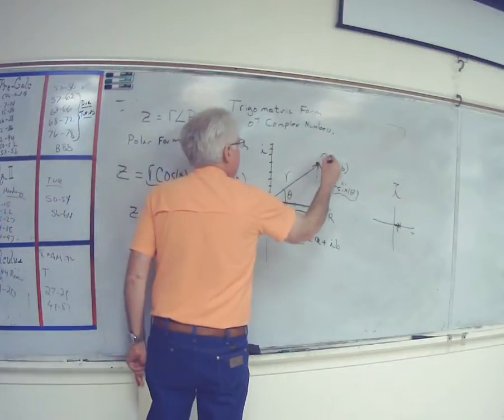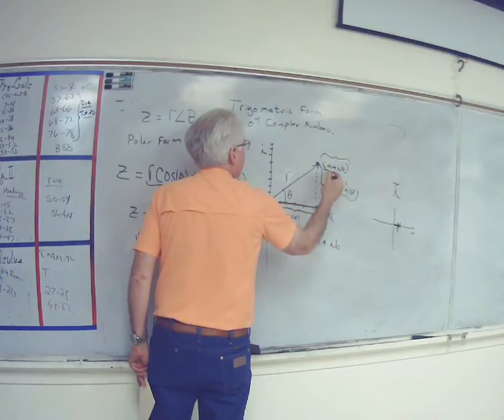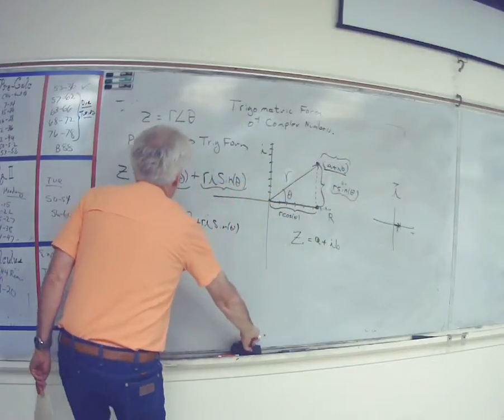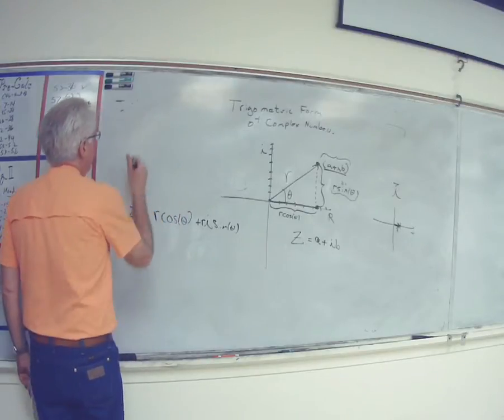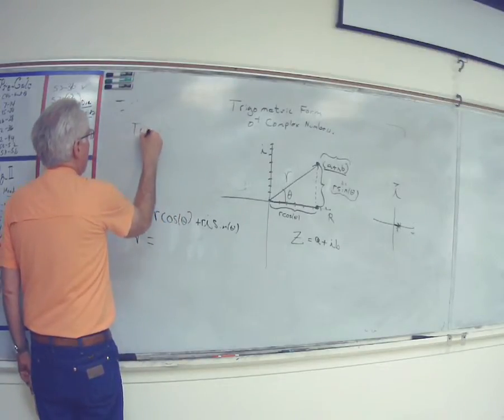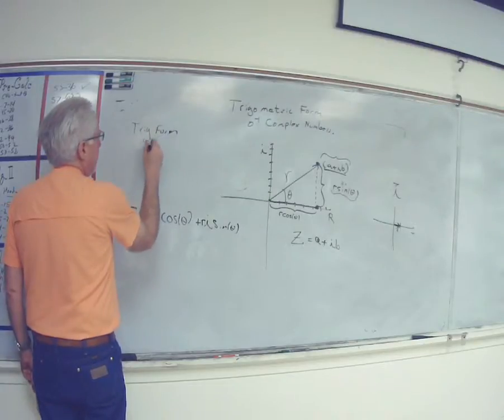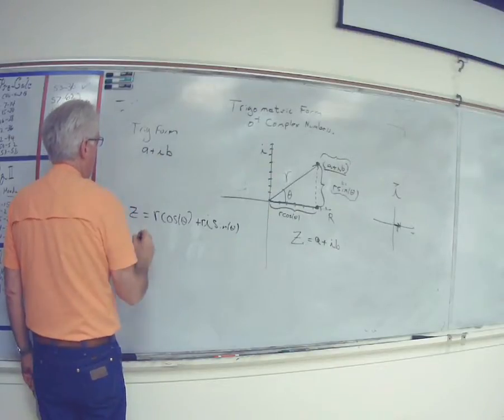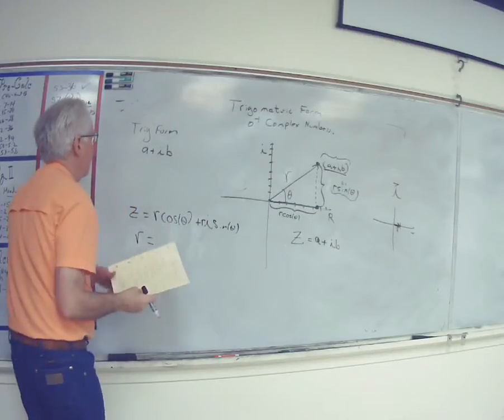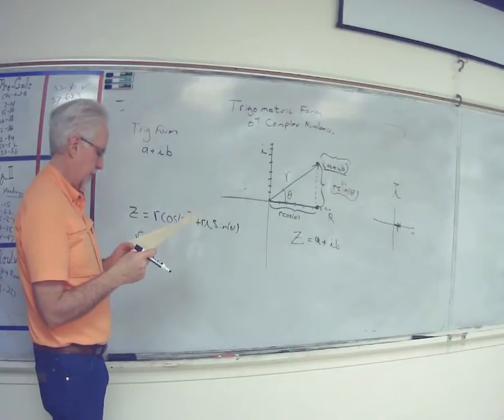Where are we starting this time? We're going to start in trig form, and in trig form, let's say I have A plus IB. What is R going to be equal to if I'm given a complex number like this?